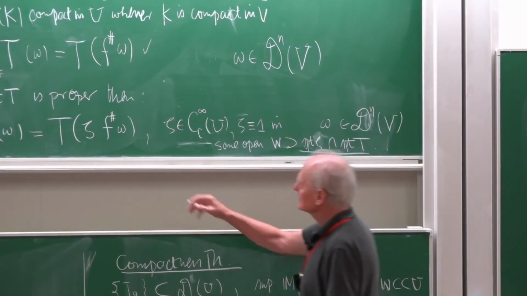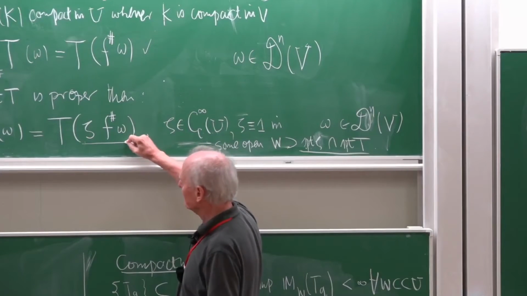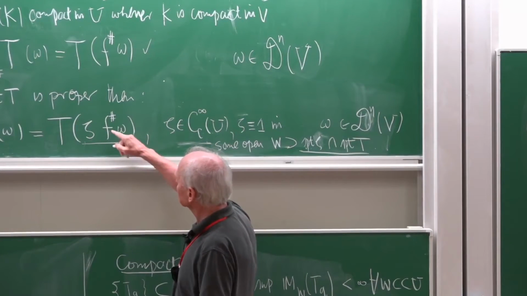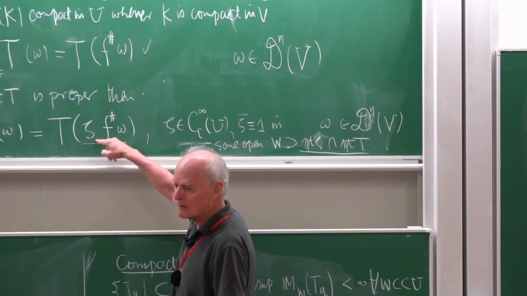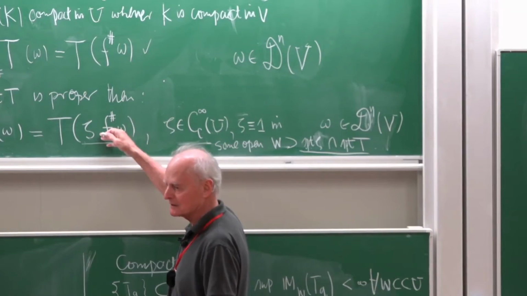And also notice this trivially is okay. This makes sense because it doesn't matter whether F is proper or not. This certainly has compact support, so at least it makes sense.